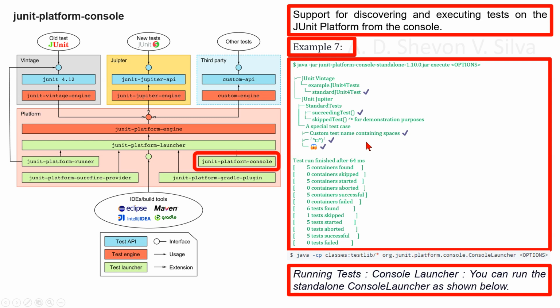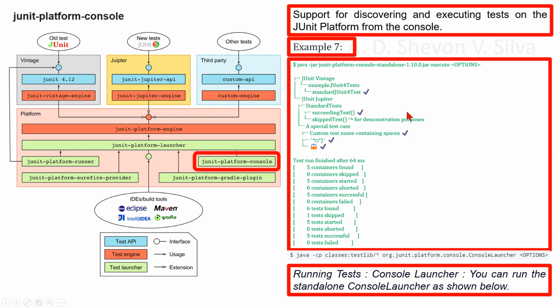You can run the standalone console launcher as shown here. The console launcher is a command line Java application that lets you launch the JUnit Platform from the console. For example, it can be used to run JUnit Vintage and JUnit Jupiter tests and print test execution results to the console.